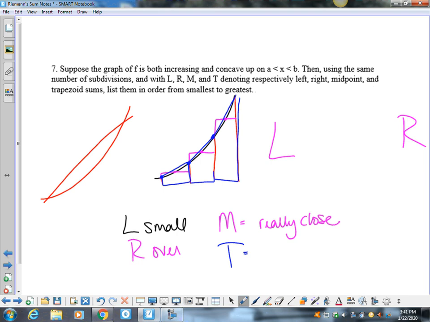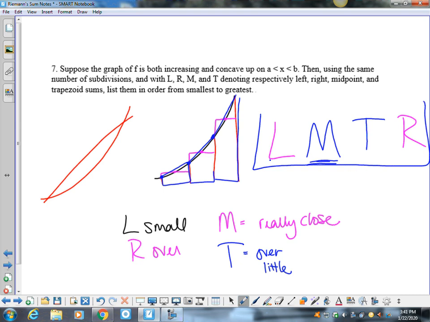So the trapezoid is going to be over, but just a little, and the midpoint is going to be good, but the left hand is still going to be really, really small. So if I had to put it in order, that's the order in which I would put it in.